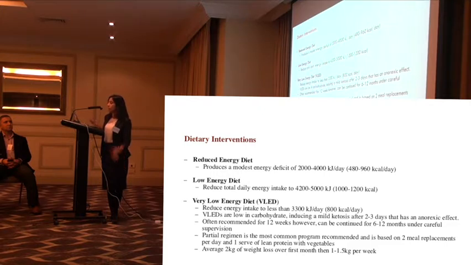Usually the partial regime, where they use 2 meal replacements per day with 1 meal mainly at night time, which consists of lean protein and vegetables, is what we usually implement. They're low in carbohydrate, so after a few days it can induce a mild ketosis and anorexic effect. Often it's recommended for 12 weeks. However, it can be continued for up to 12 months with careful supervision.